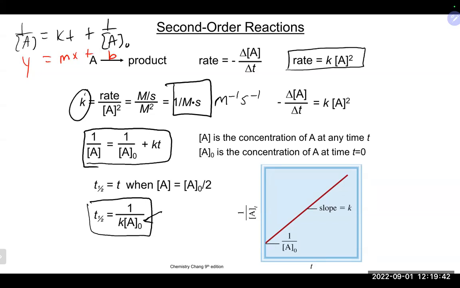So what we would graph for a second order reaction to give us a linear relationship would be, on the y-axis, 1 over the concentration, and on the x-axis, time. This should give us a linear relationship and a best fit line where the slope is going to equal the rate constant. The slope of this line is going to be positive, so that's why the slope of the line equals the rate constant, giving us a positive value for our rate constant. Any questions on that?